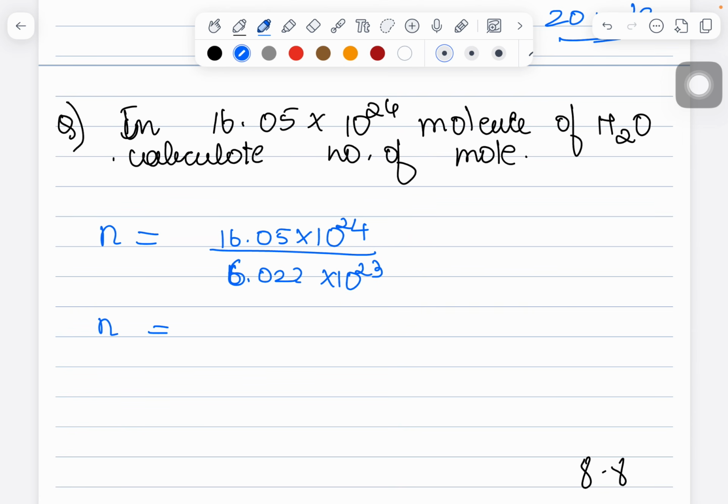So if you solve here, 6 3s are 18, and 2 3s are 6, and 2 8s are 16. Then if you solve 8 by 3 into 10 to the power 24, it will be somewhere near 8.8 moles.